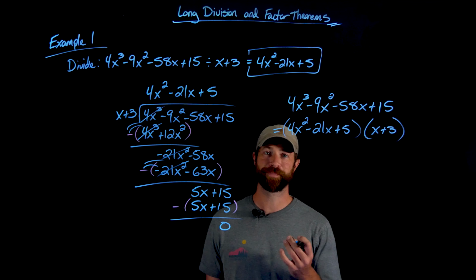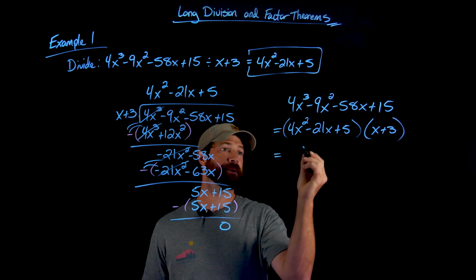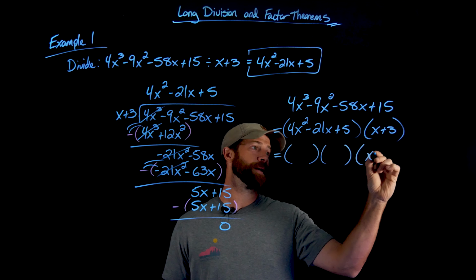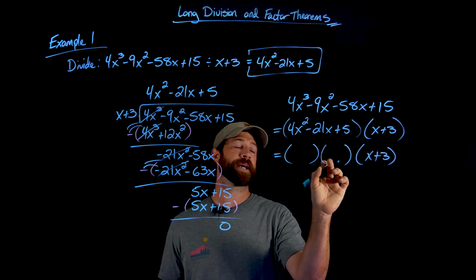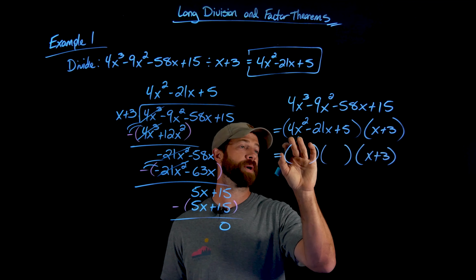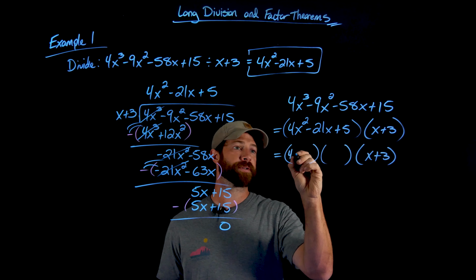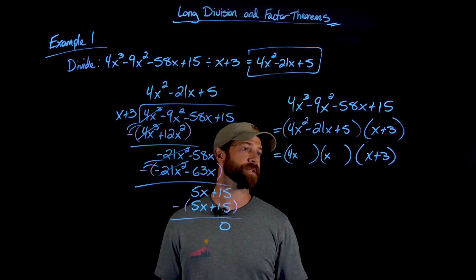And at this point, you probably have had a lot of experience factoring quadratics, but just walking through this real fast, I'll just use the guess and check method here to factor these. So I'm looking for two numbers in this first term that multiply to be the 4x squared. And then I've got this constant term of plus 5. So if I have a 4x here and an x here, those multiply to give me my 4x squared.